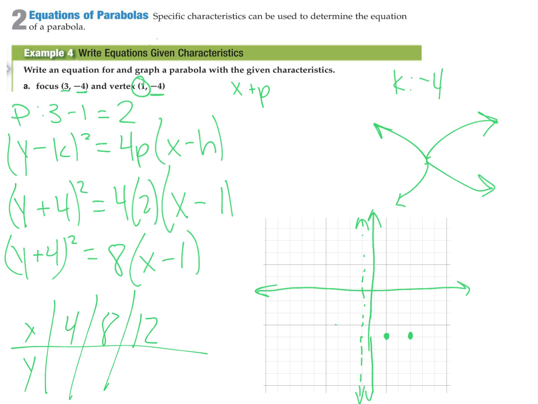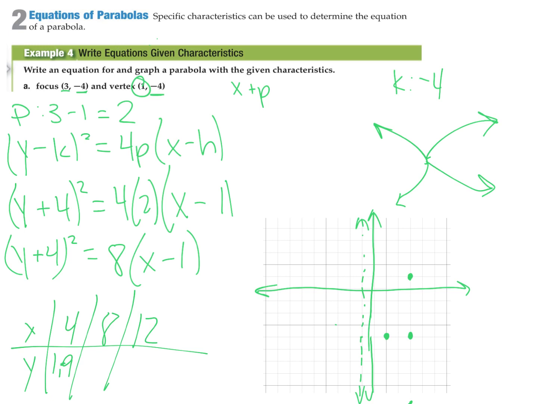At the 4, we're going to see that we're at 1 and at 9, and it would be a -9.